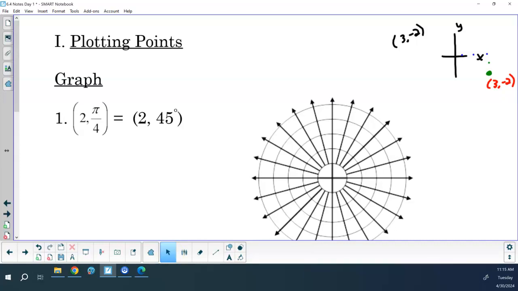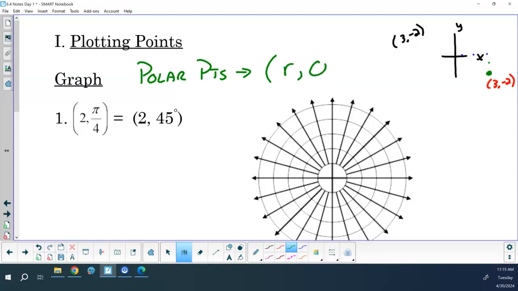That polar points are in the form r comma theta. So this is telling me that my distance is 2 away from the pole at an angle of 45 degrees.